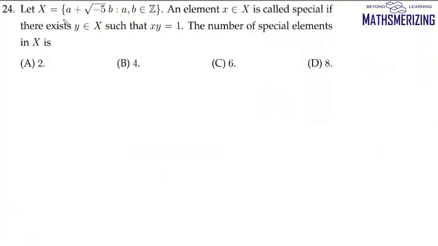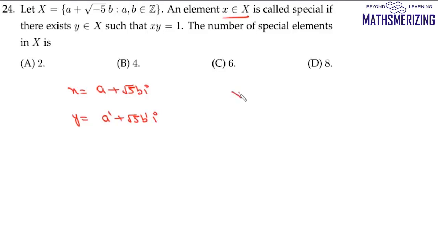Here the question is, let X be a set of all complex numbers of the form a plus root 5 b iota, and an element x belongs to X is called special if there exists y in X such that x into y is equal to 1. So let us take this as x, and let y be a dash plus root 5 b dash iota.